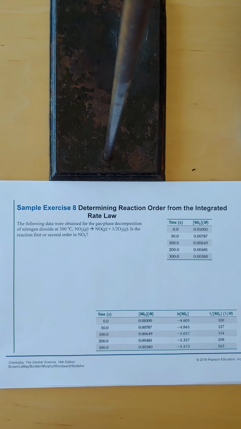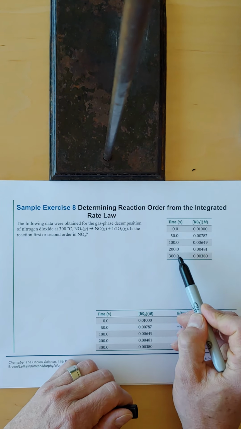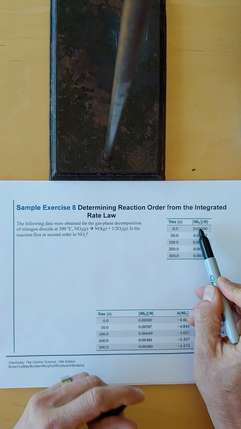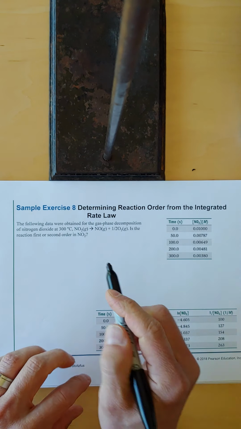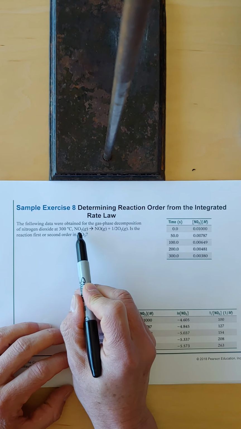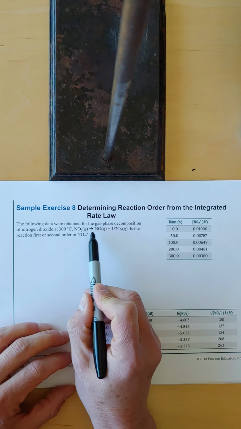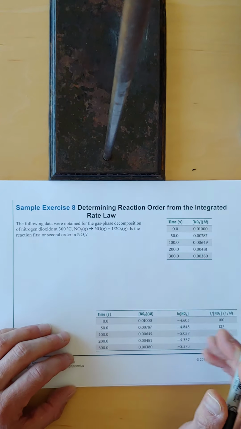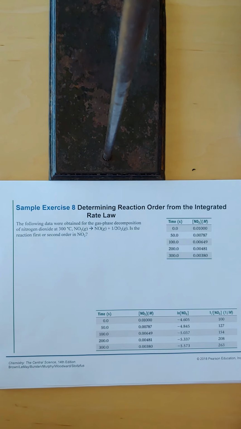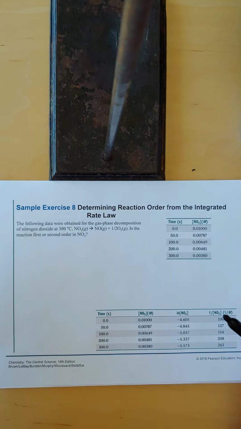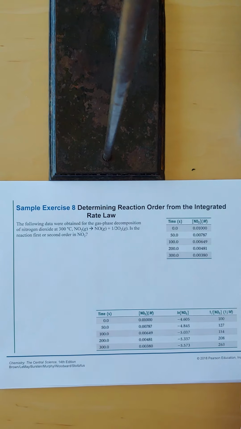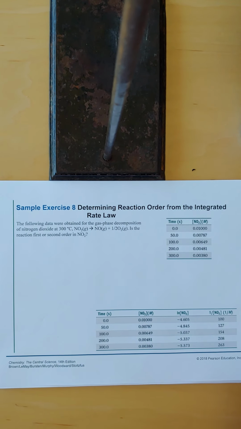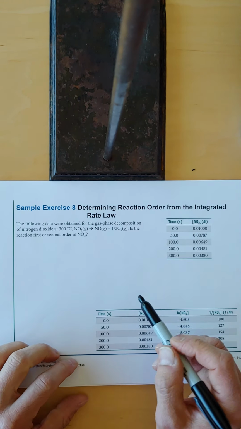So in this question, we've got some data with time and concentration of NO2. We're looking at the decomposition of NO2, nitrogen dioxide decomposing to form nitrogen monoxide and oxygen gas. Is the reaction first order or second order in NO2? We're given the concentrations at various times and asked to figure that out.